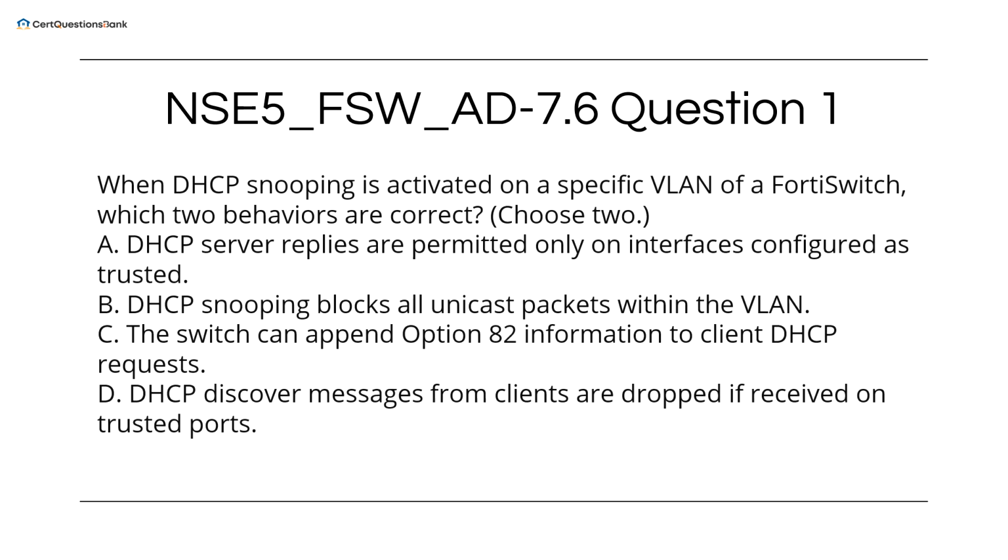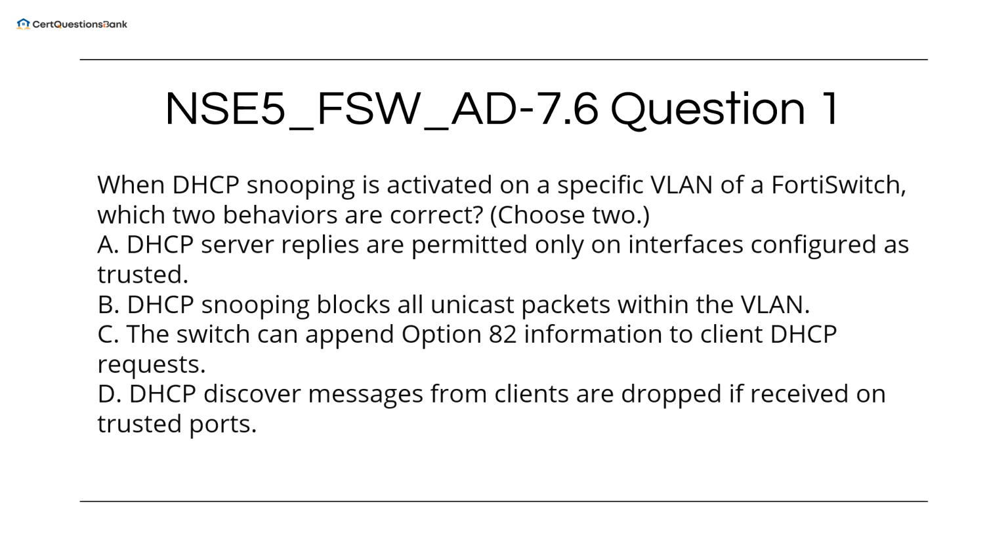When DHCP snooping is activated on a specific VLAN of a FortiSwitch, which two behaviors are correct? Choose 2. A. DHCP server replies are permitted only on interfaces configured as trusted. B. DHCP snooping blocks all unicast packets within the VLAN.